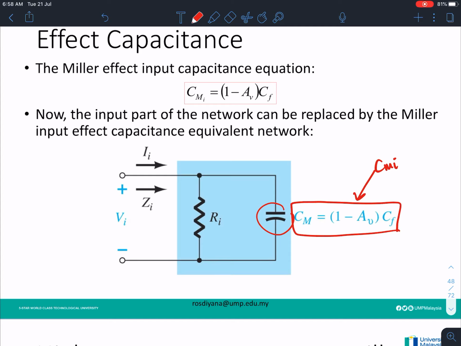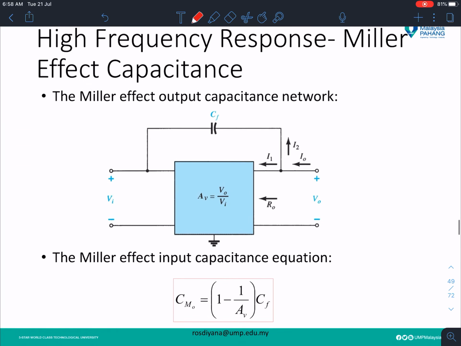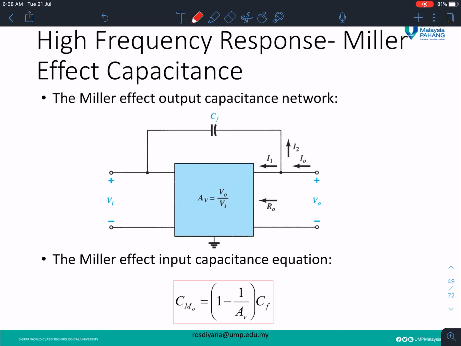And now for the output side, the derivation for the equation is from this figure. Then we get CM out, or CMO, equal to 1 minus 1 over Av multiplied with CF.